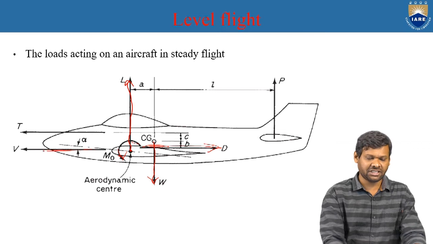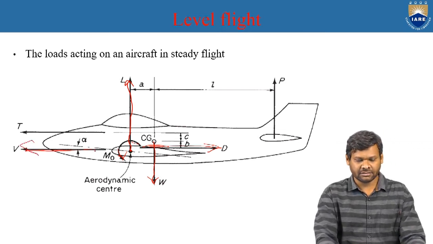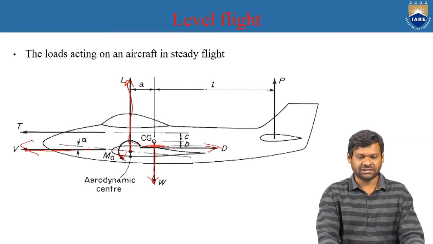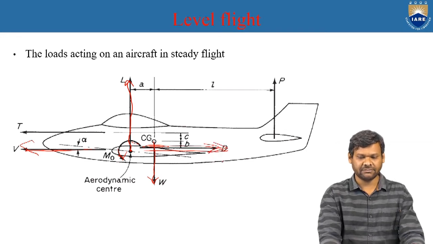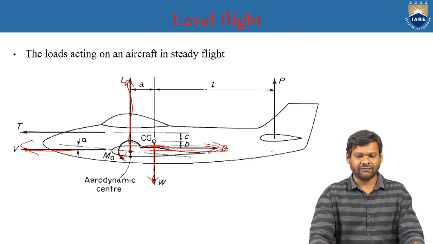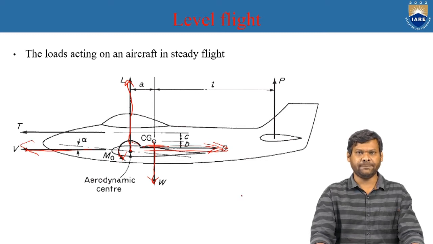V is the velocity of flight, and in the opposite direction and parallel to the velocity we have a drag force D. You can observe that. And P is the lift force generated on the tail plane.